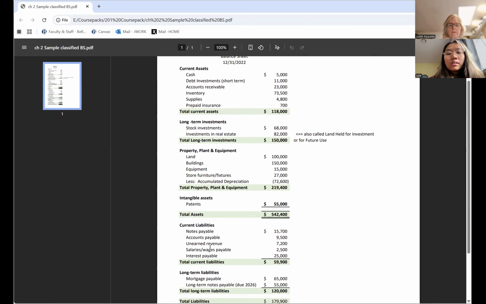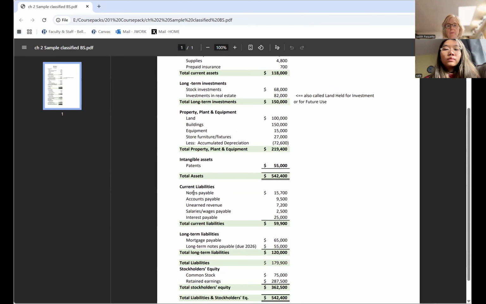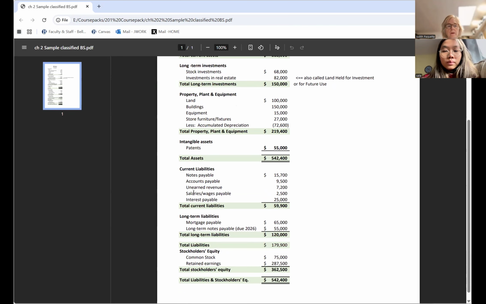Theoretically, it's an order of liquidity, but usually many of the intangibles have an indefinite life. They don't give you that guidance in the book, so don't worry about it. You will put them in order of liquidity, but it's not in your book, so I'm not going to hold you guys to that.